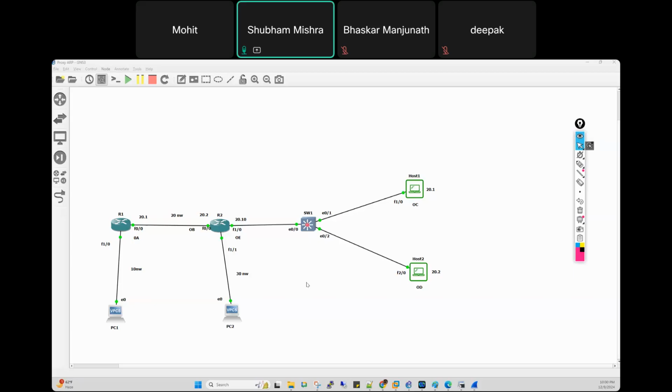When we configure the static route with next hop address, what was the problem? Recursive lookup. So that is also resolved. And when you configure the static route with exit interface, what was the problem? Proxy ARP. Now that is also resolved. Getting my point, everyone? Yes or no?